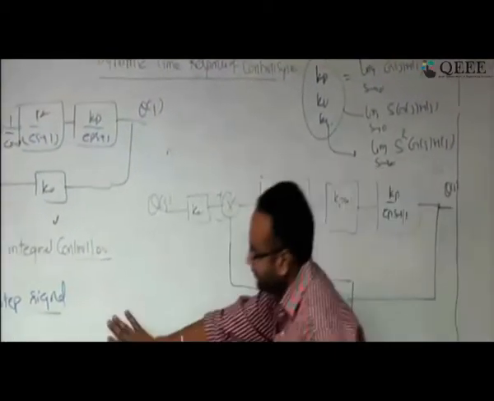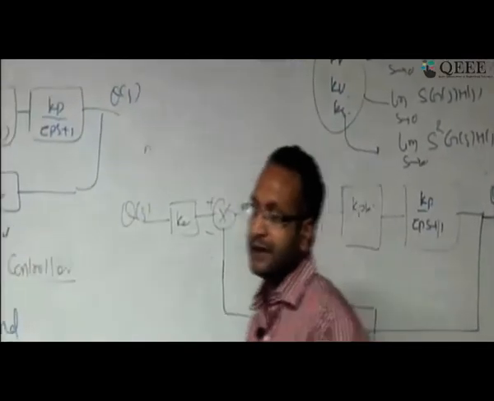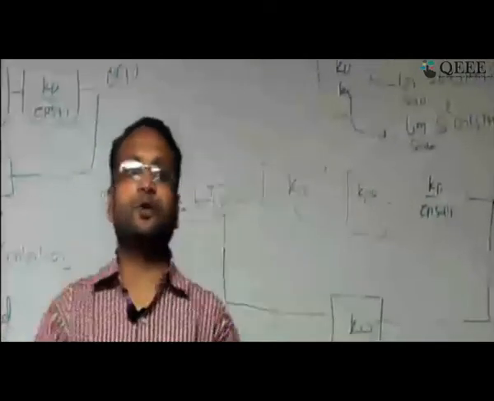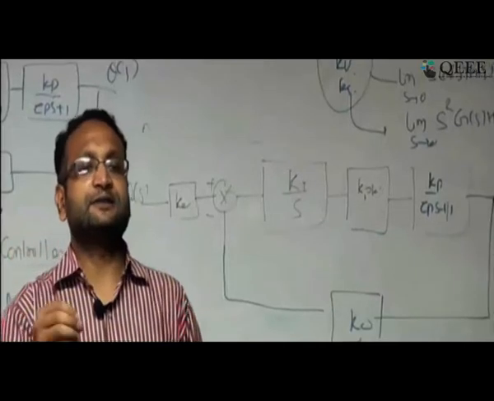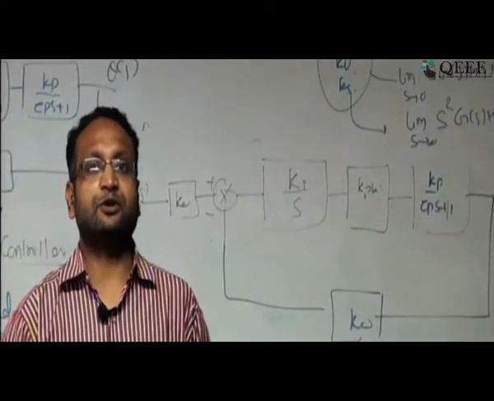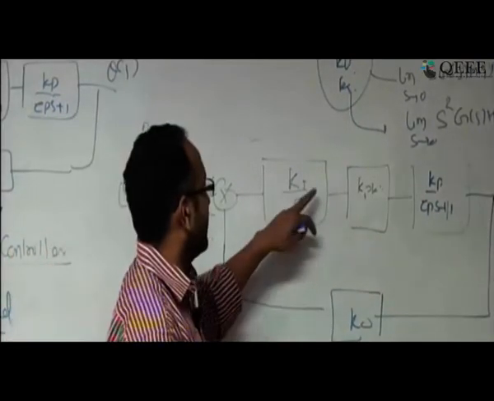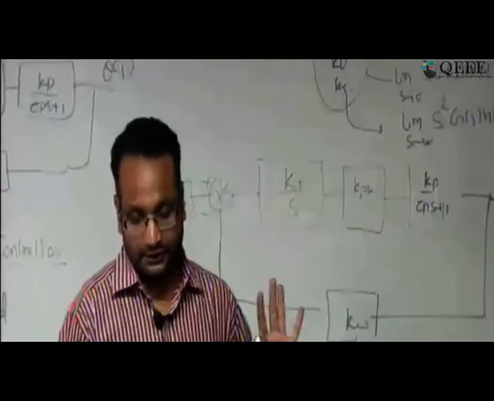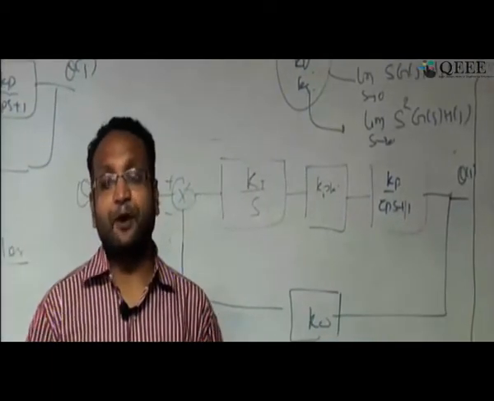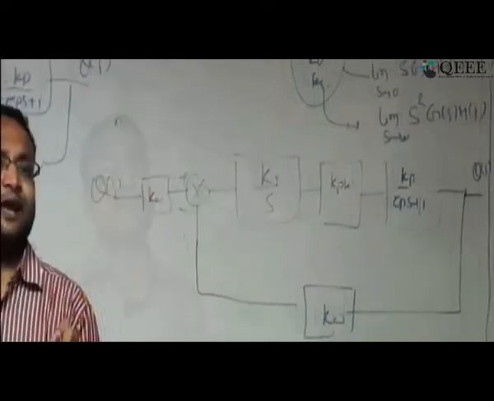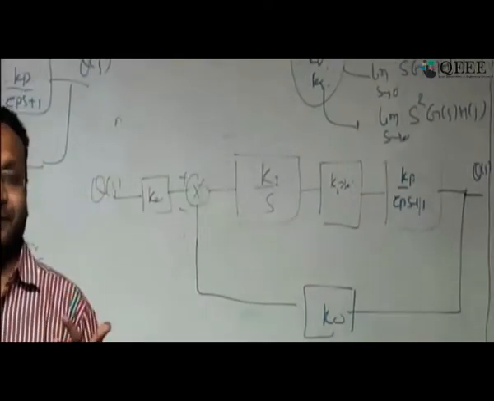So both of these lead to the conclusion that by adding an integral controller, you get a steady state error of 0, irrespective of what constant Ki you are using. That's the important thing. This would not have been possible with a proportional gain K; your system might become unstable.